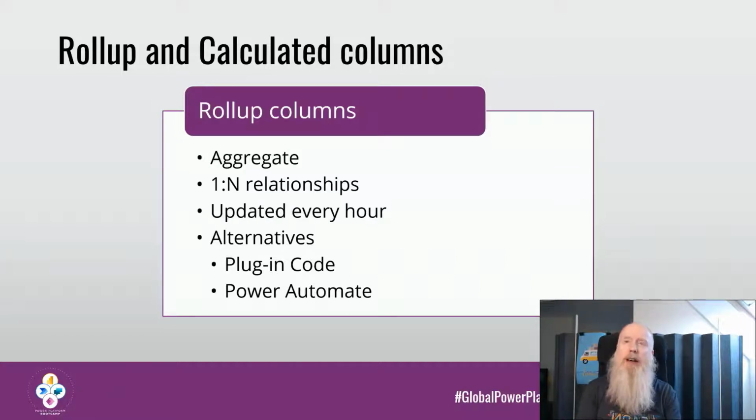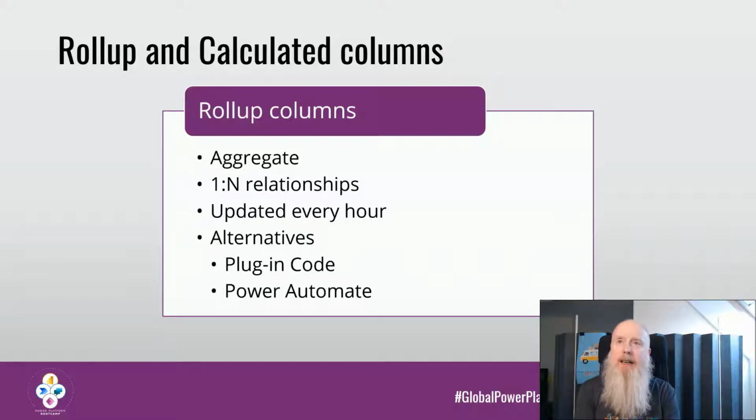The problem is you cannot fire anything automatically, code or Power Automate or a plugin, when the count goes down to 0. So Rollup fields, or columns as they are now, cannot trigger anything. There's no event generator when they go to a certain value or when they change. They're also not audited.